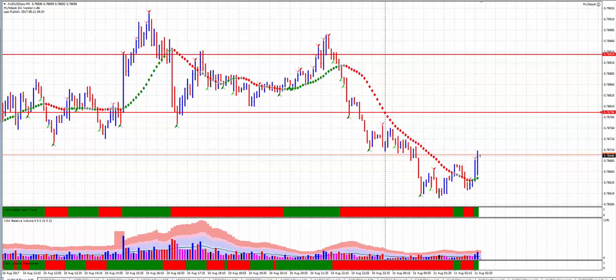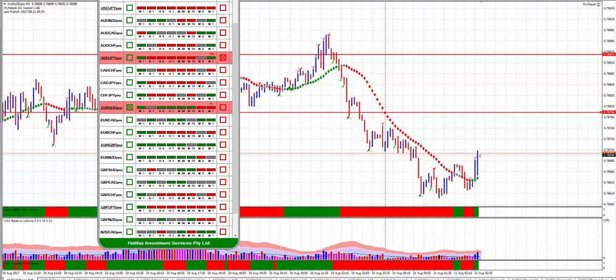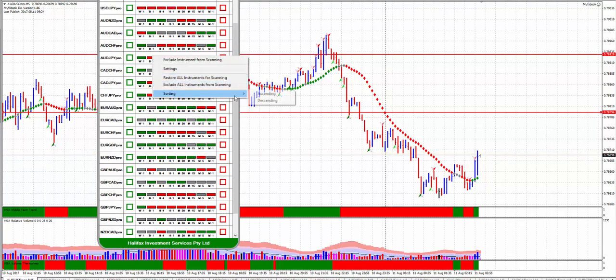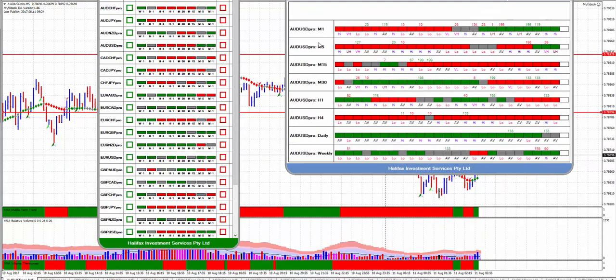And if I bring up the VSA Smart Center Pro, right, let me just reset that, and I'll sort it. We can see the weakness. Okay, so we've got the 4 hour, 1 hour, and 30-minute, and the 15-minute time frames are down.